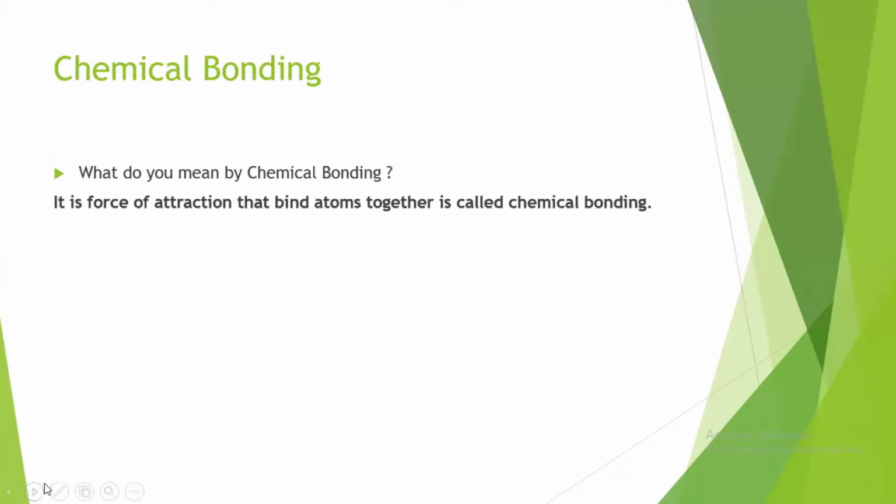So what do you mean by chemical bonding? It is the force of attraction that binds atoms together, which is called chemical bonding. So the force of attraction that is developed between one or more atoms is called chemical bonding.